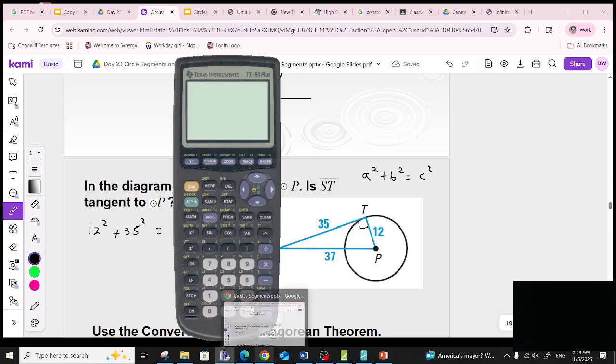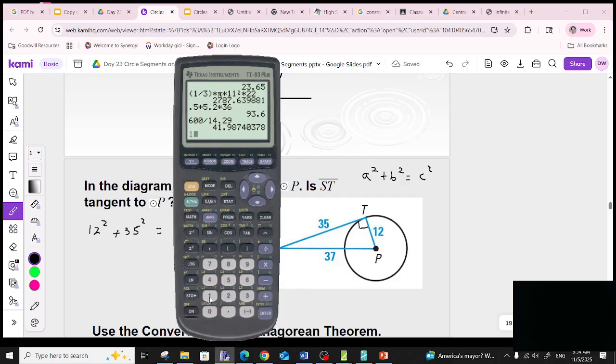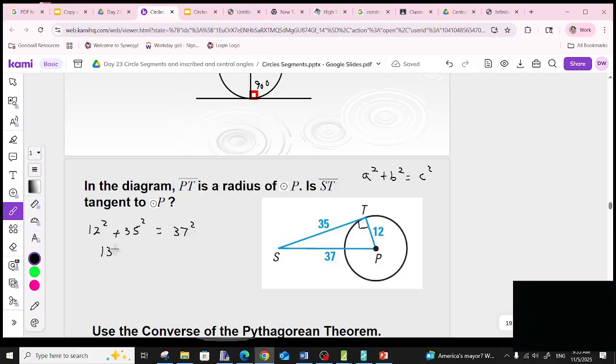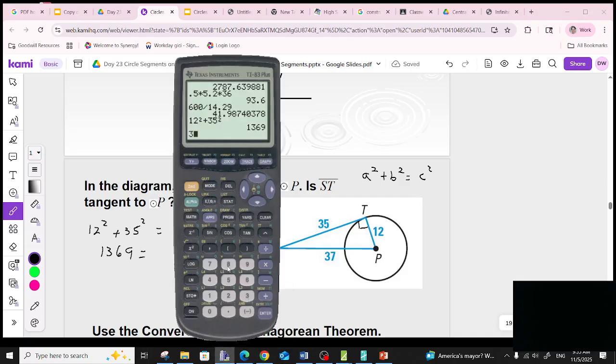So I'm going to use my handy dandy calculator. And I know that 12 squared plus 35 squared, when I add those together, is 1369. Now I'm going to check. Is 37 squared the same thing?